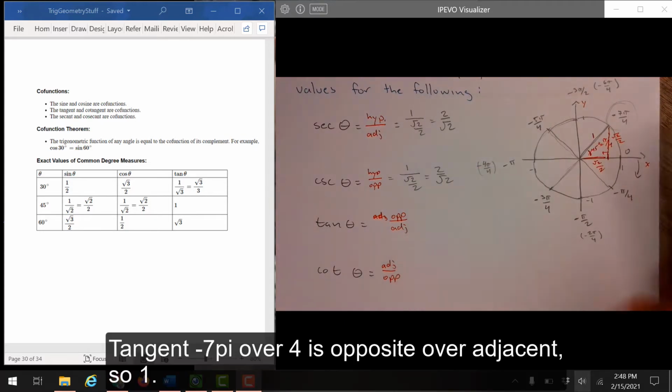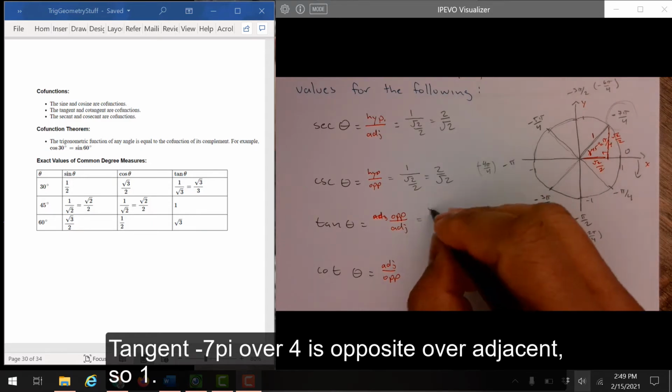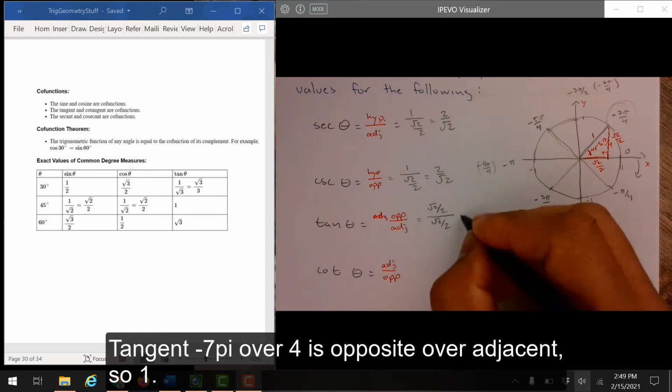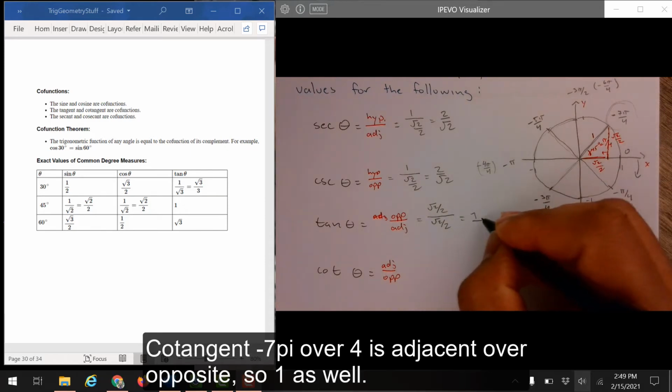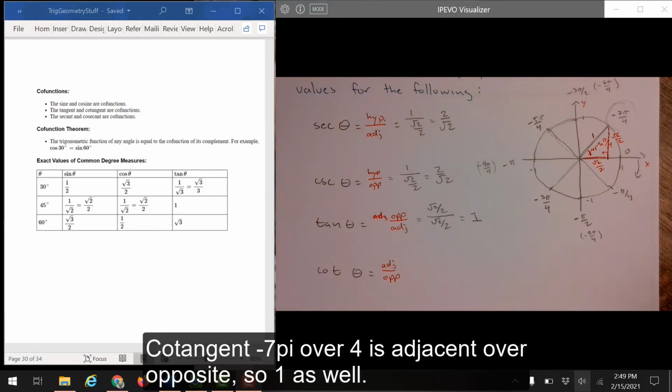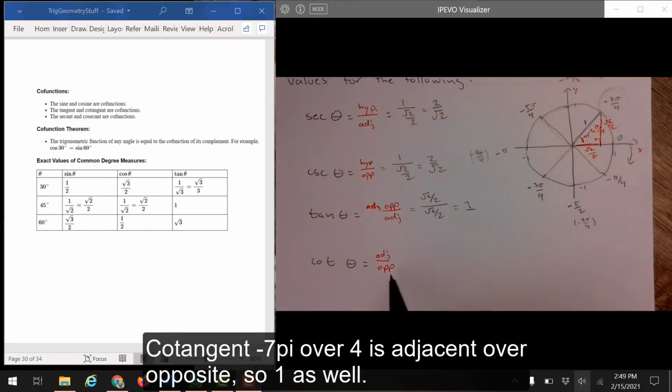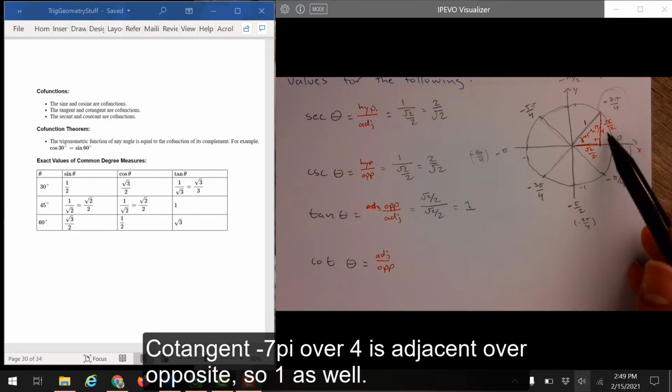Tangent negative 7 pi over 4 is opposite over adjacent, so 1. Cotangent negative 7 pi over 4 is adjacent over opposite, so 1 as well.